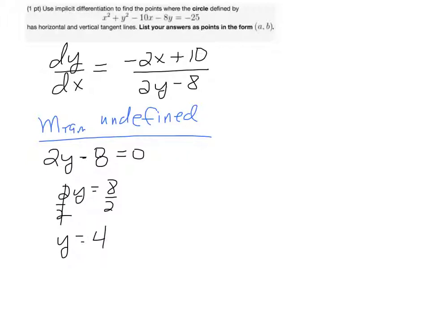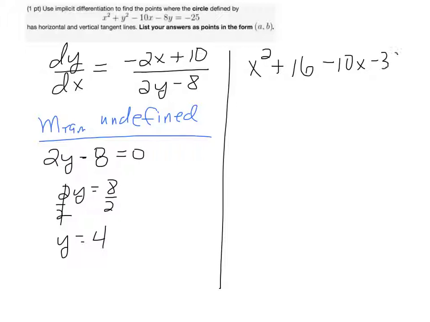Okay, so when y is equal to 4, I'm going to plug that back into the original equation. We have x squared plus 16 minus 10x minus 32 equals minus 25.